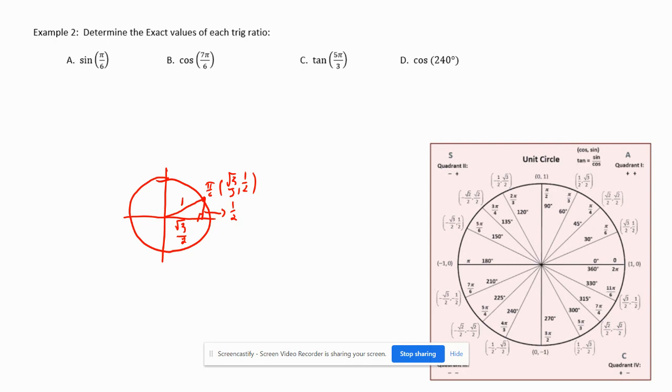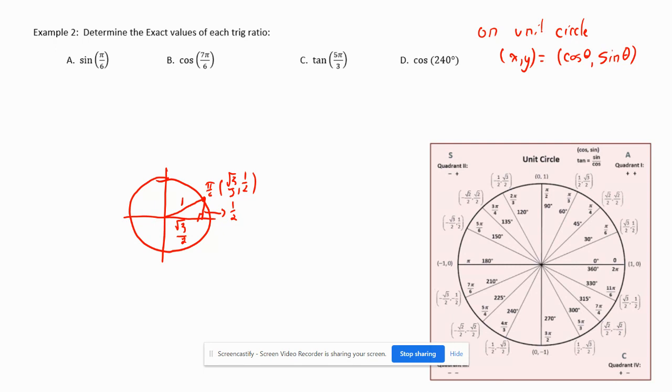So the idea is on the unit circle, any point xy is really equal to cos theta, sine theta. Same thing. So the x value would be adjacent over hypotenuse, or x over r, but if r is 1, that means our cosine ratio is just going to be the x-coordinate.